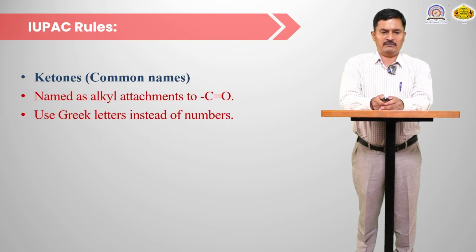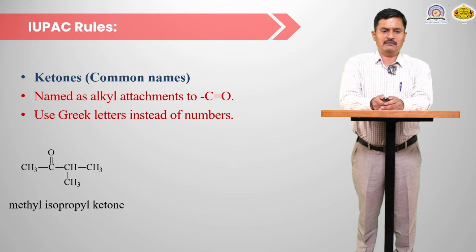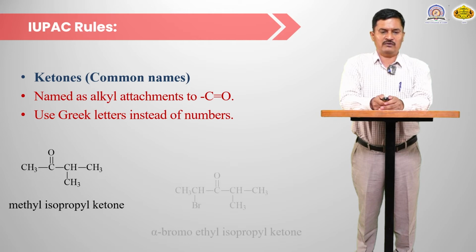Common names of the ketone. Common names of the ketone may be given by using methyl groups or by using alpha, beta, gamma numbering. For example, in this carbon-carbon there is one side attached with a methyl group and the other side there is an isopropyl group. So methyl isopropyl ketone.